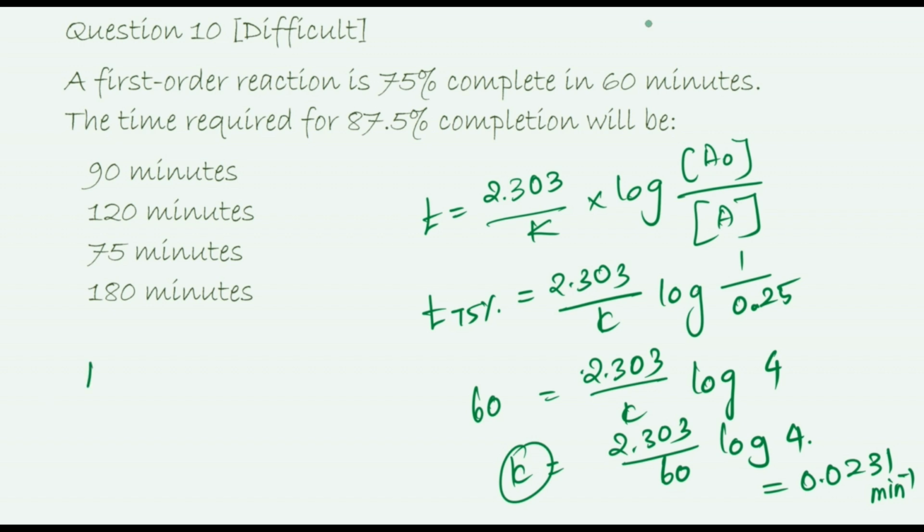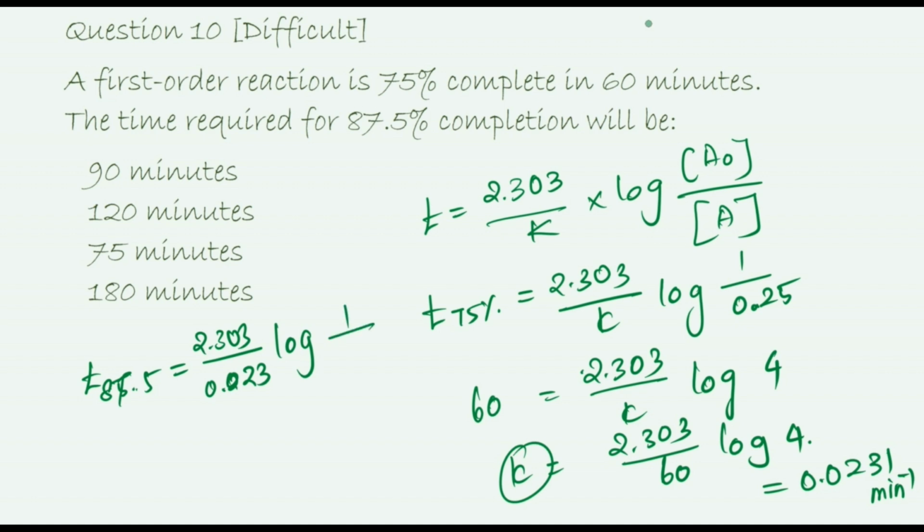So I'm going to substitute it. t87.5 is equal to 2.303 divided by 0.0231 into log of, here a naught is 1 and then a will become the remaining 0.125.